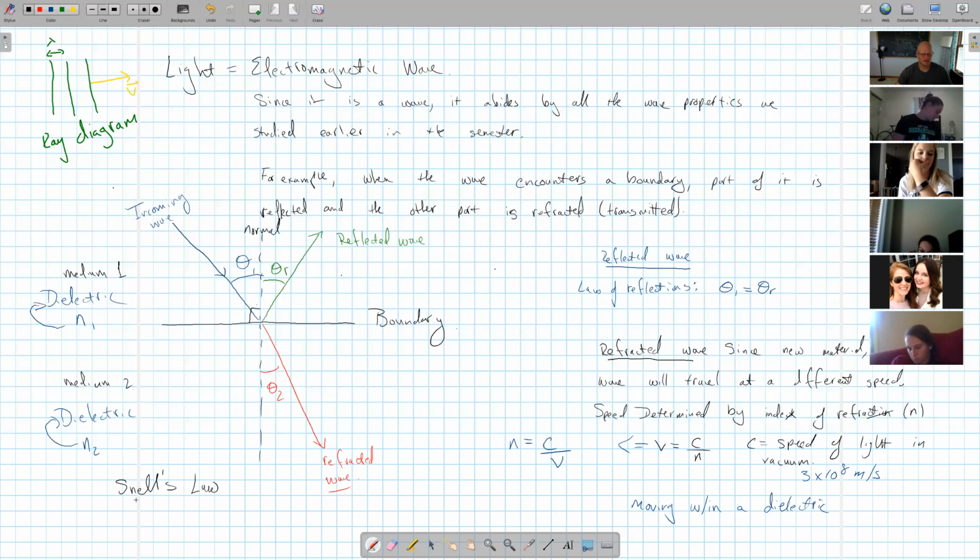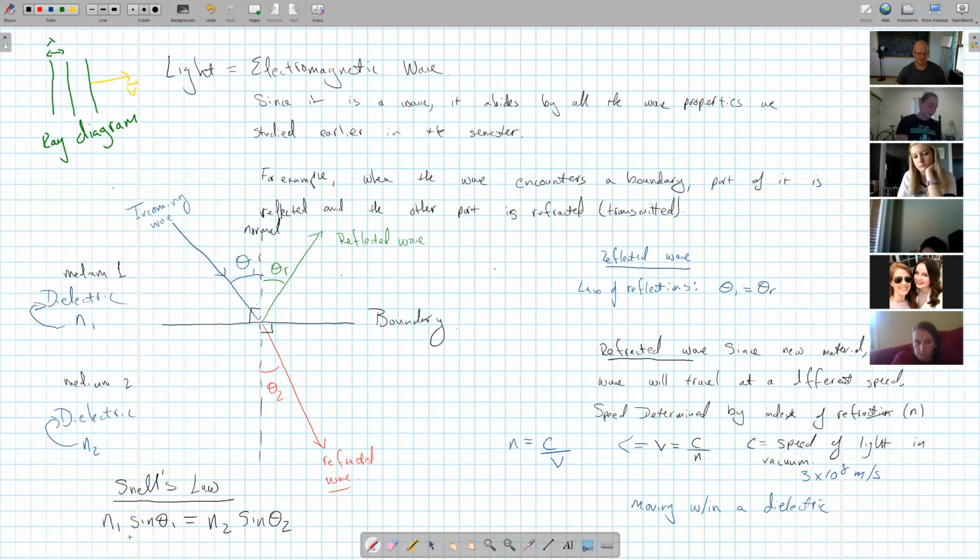Snell's law says that when it's moving inside of medium 1 with index of refraction n1, then n1 times sine of theta 1, where theta 1 is the angle of incidence of that incoming ray relative to the normal, has to be equal to n2, the index of refraction inside of medium 2, times sine of theta 2, which is the angle at which it is bent inside of the second medium. Again, this is relative to the normal down here. So this is what we call Snell's law.